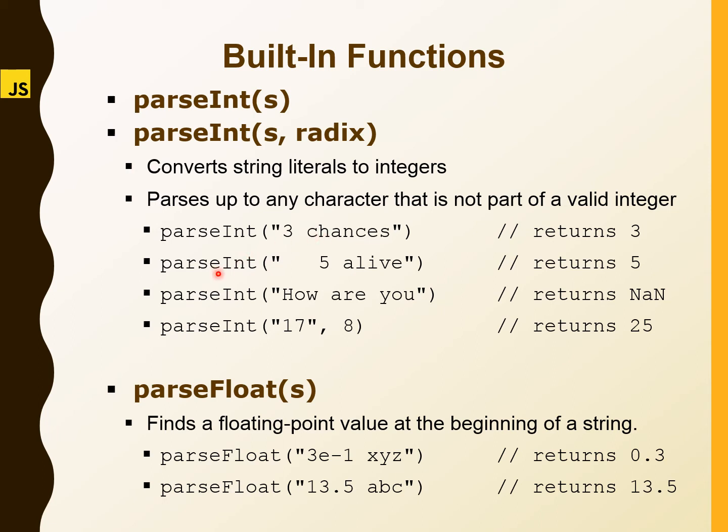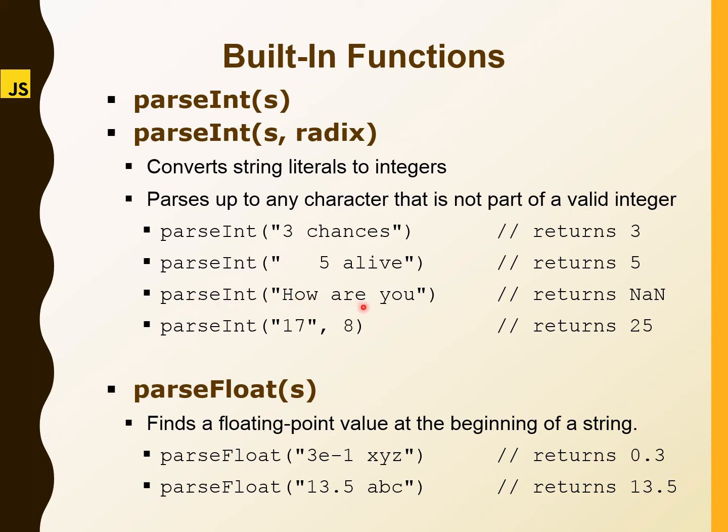The next example is parseInt of 5 li. Moving through this string value, a numeral 5 is there, so this parsing function will return the value 5. Now move on to the next example, parseInt of how are you.